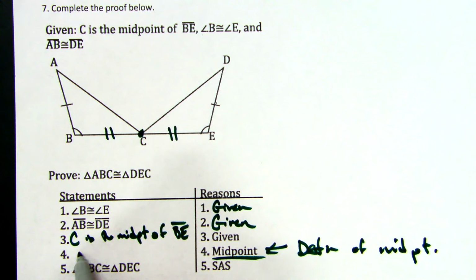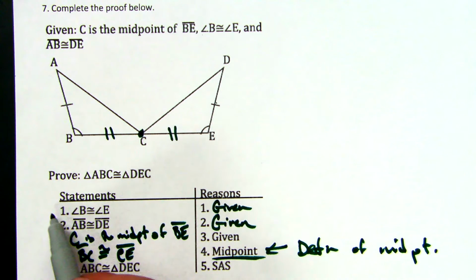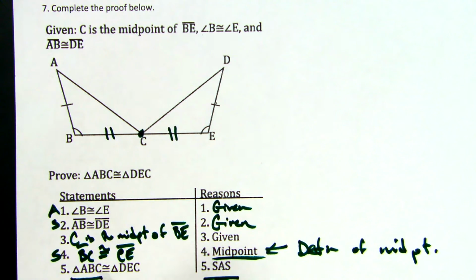Well, like we said, we know that BC is congruent to CE. All right? And then we've got our three things. We've got our angle, we've got our two sides, and this angle is included. It's between the two sides, so we can use SAS to show that triangle ABC is congruent to triangle DEC. All right? So that's 7.